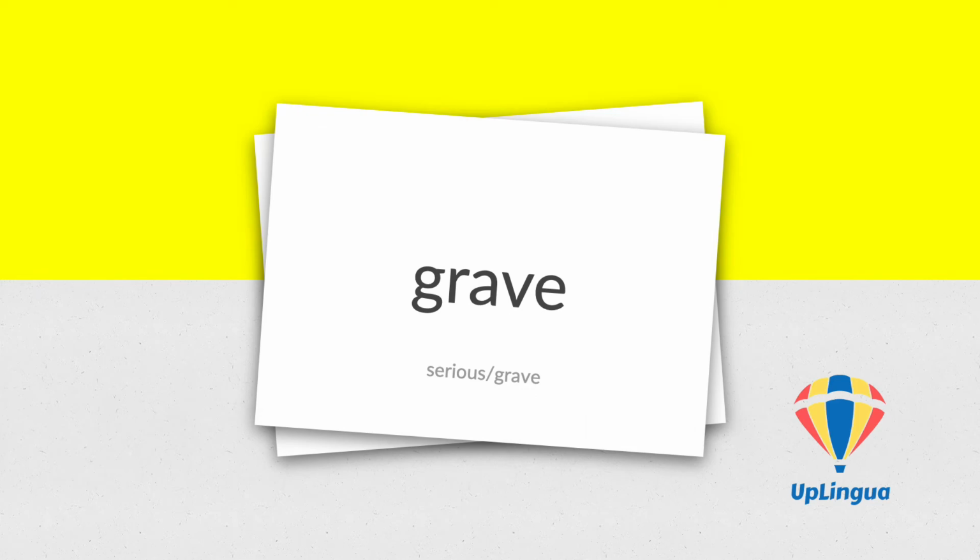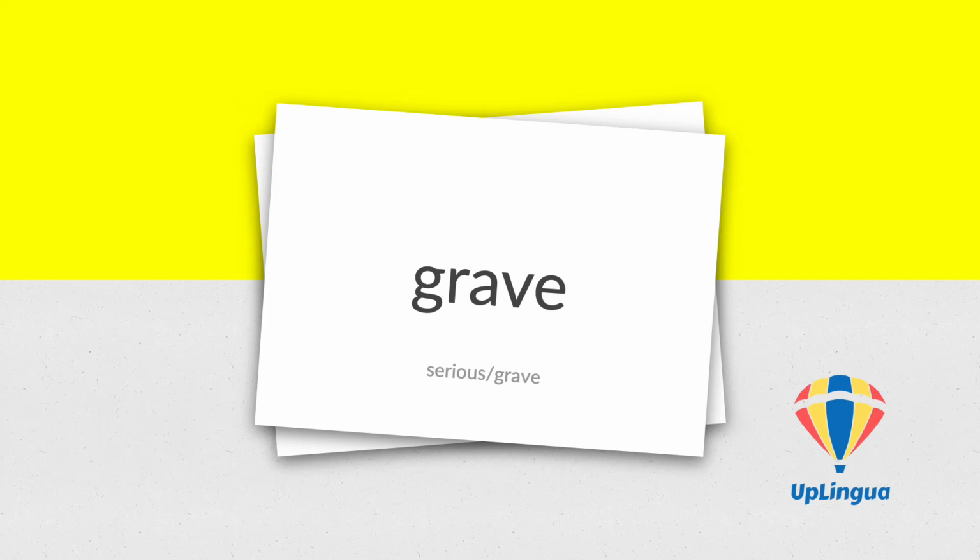Grave, serious or grave. Something that is very serious is grave. It's spelled like the word grave, so it's pretty easy to compare it to the English word grave. Now, in pronouncing this word, the GR can be pronounced similarly to what you're used to with great, grandiose, gr.